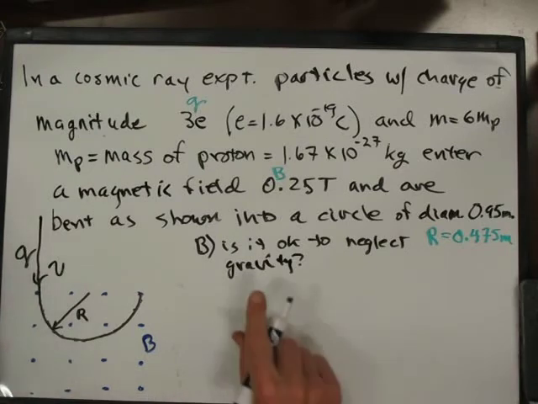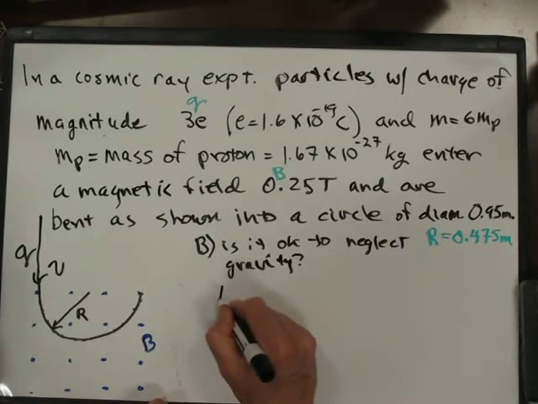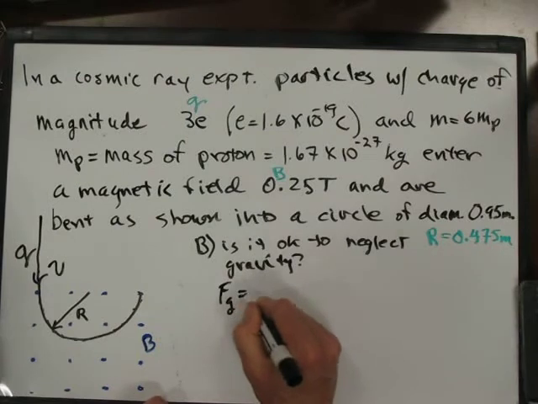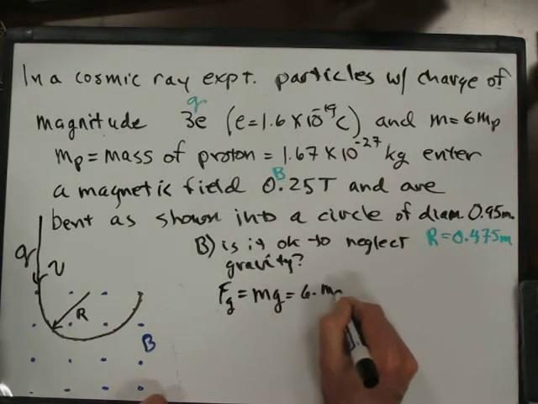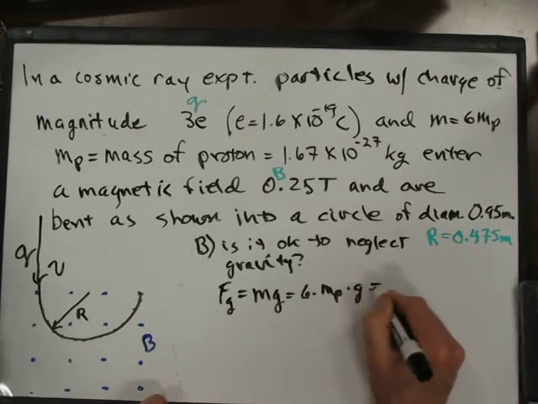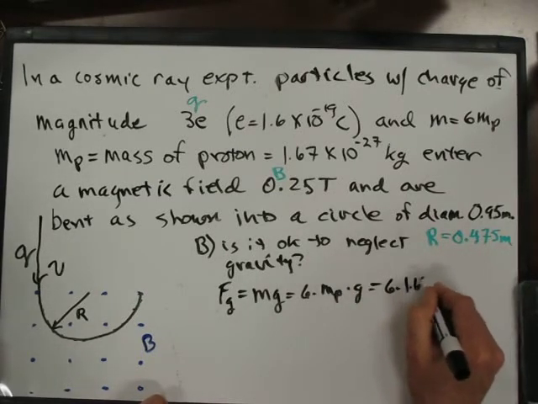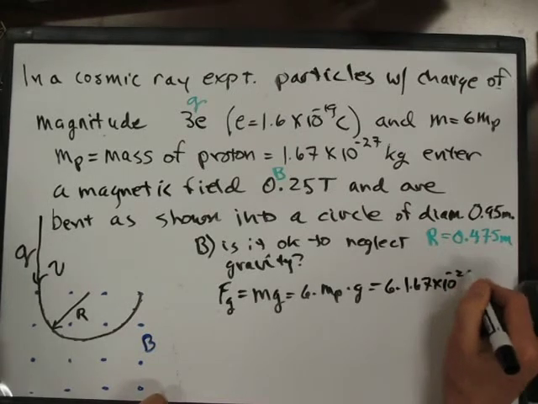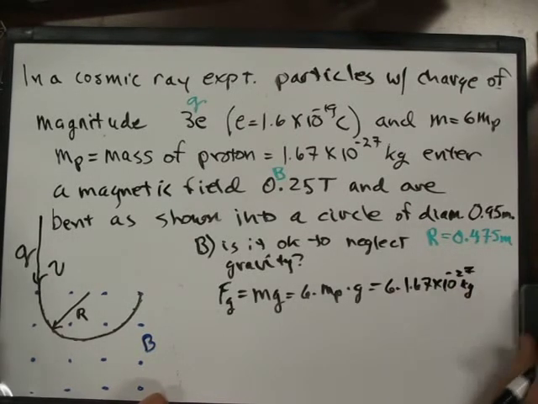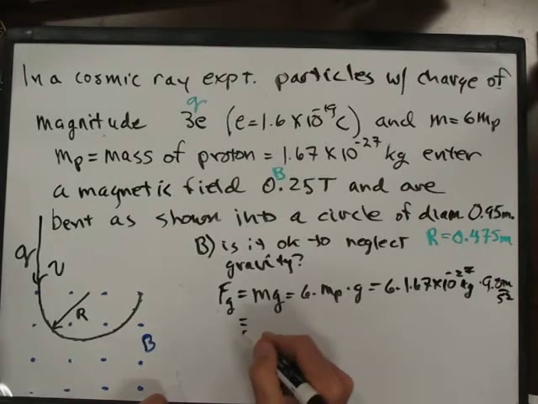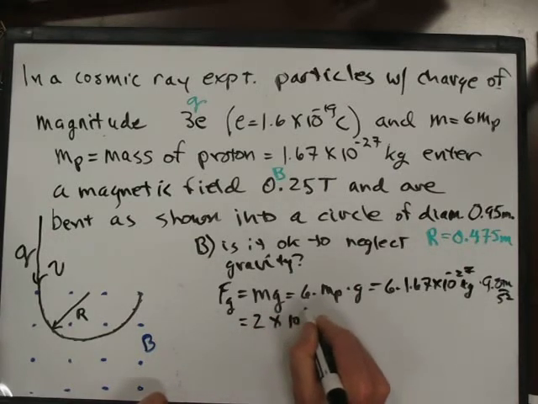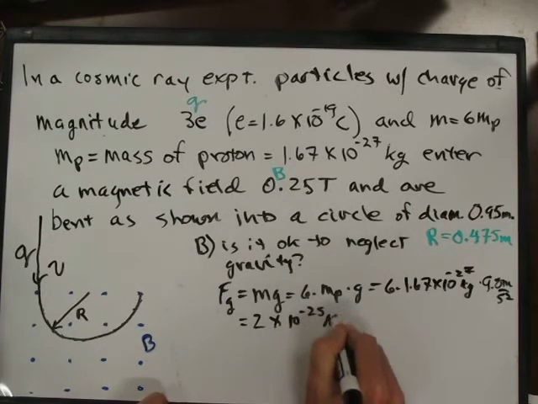But the question is, what is the force of gravity acting on these particles? That's just mg, which is 6 times the mass of the proton, times g: 6 times 1.67 times 10 to the negative 27 kilograms, times 9.8 meters per second squared. If you evaluate all that, you get about 2 times 10 to the minus 25th newtons.